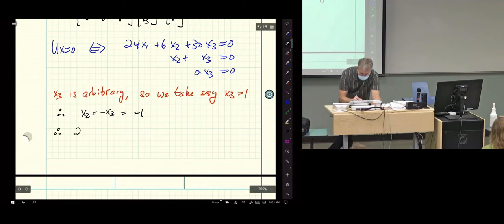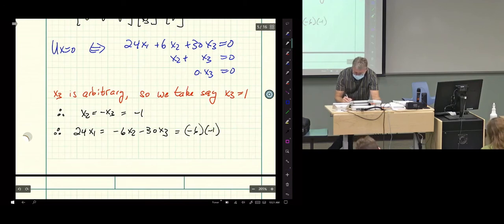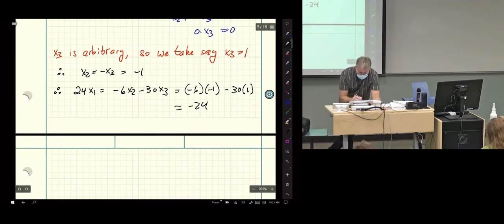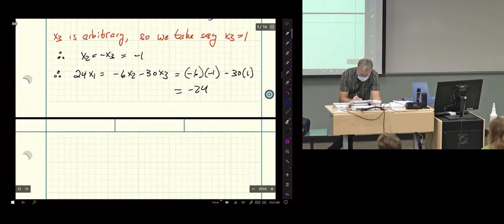And then conclusion, 24 X1 equals minus 6 X2 minus 30 X3. And so that's minus 6 times minus 1 minus 30 times 1. Minus 6 minus 1 is plus 6 minus 30. This is minus 24. This is how I have my numbers arranged, so I hopefully have A correct, but then we get X1 is equal to minus 1.